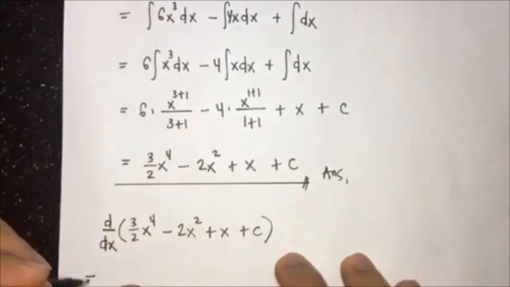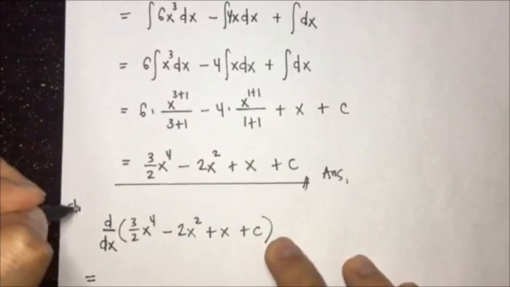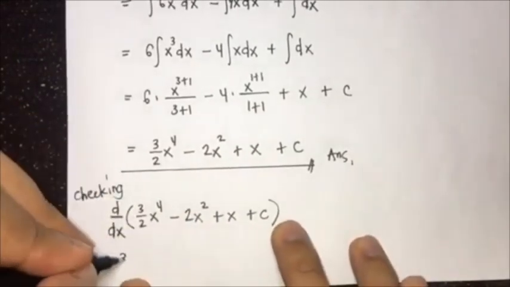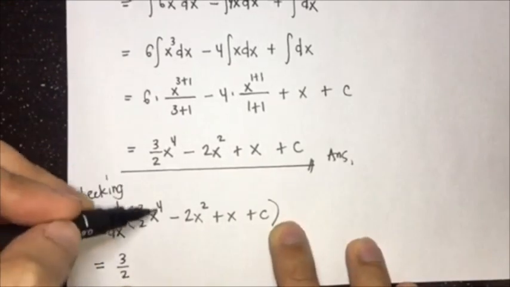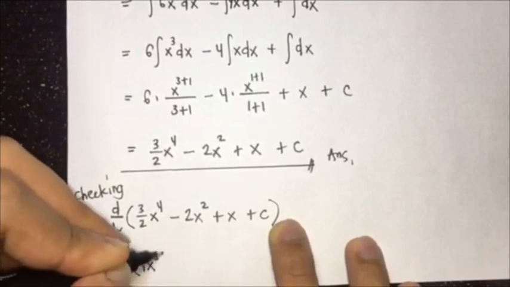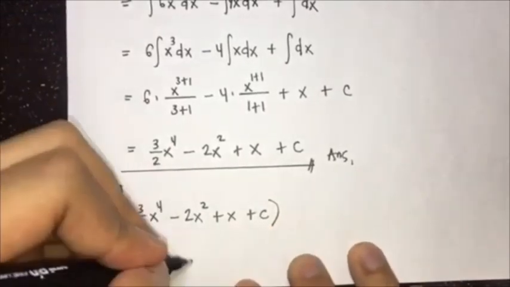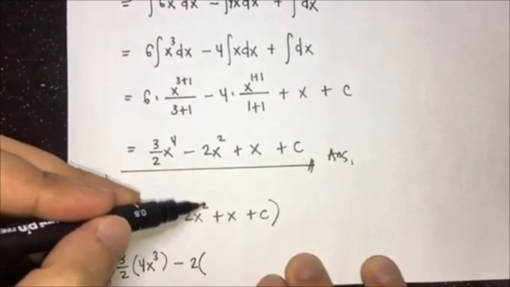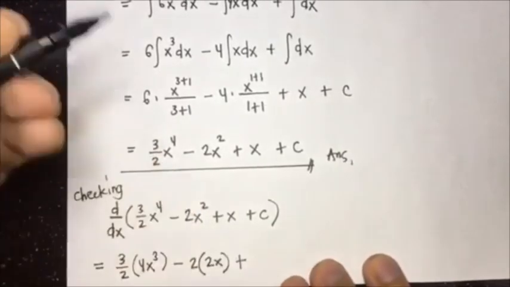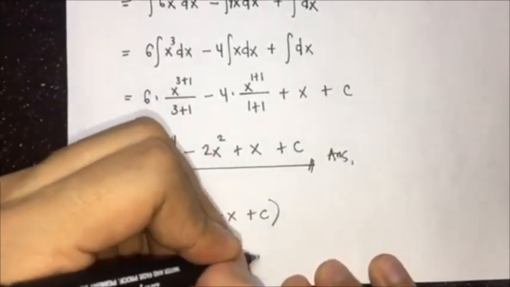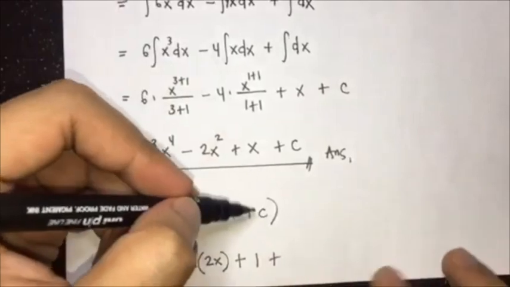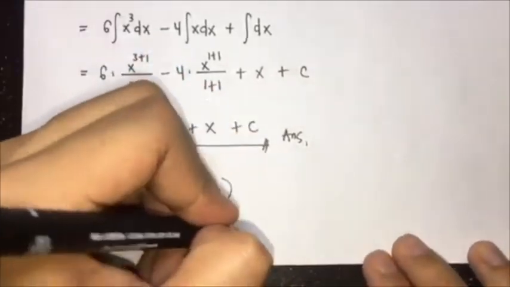This is only for checking, so that is equal to 3 halves, power formula of x to the fourth, that is 4x cubed, minus 2, power formula of x squared, so that is 2x, plus derivative of x with respect to x, that is 1, and then plus derivative of a constant, that is 0.